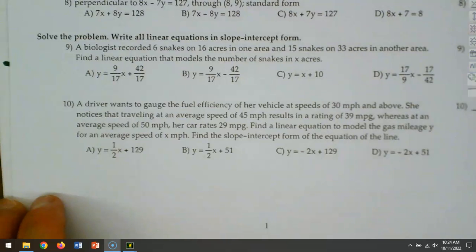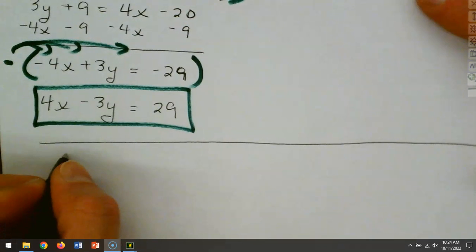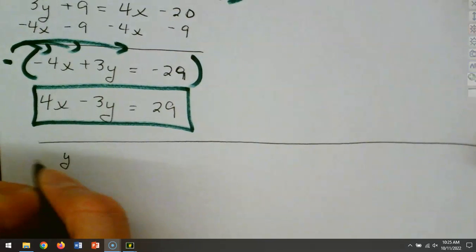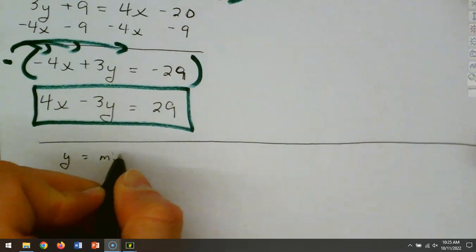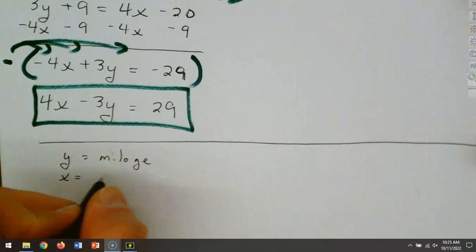Okay, so Y is going to be the mileage. Make sure I said that right. Y is the gas mileage. X is the speed. So Y is the gas mileage, and X is the speed.